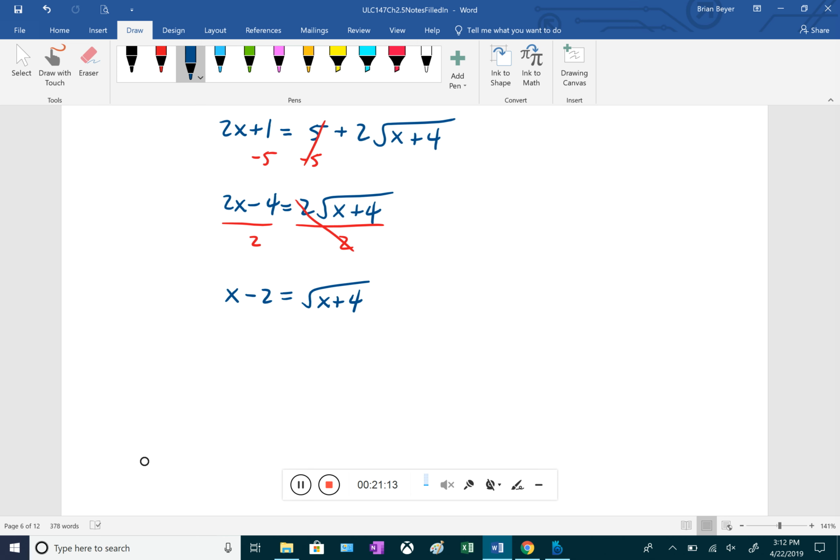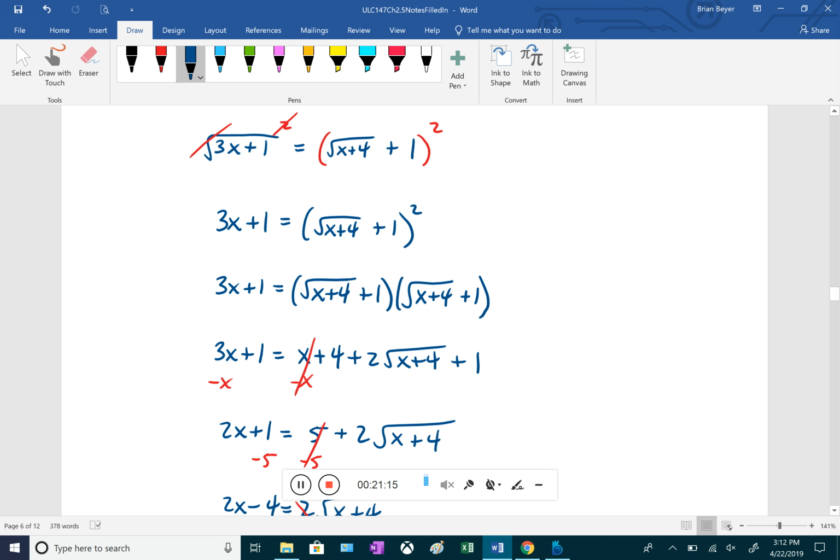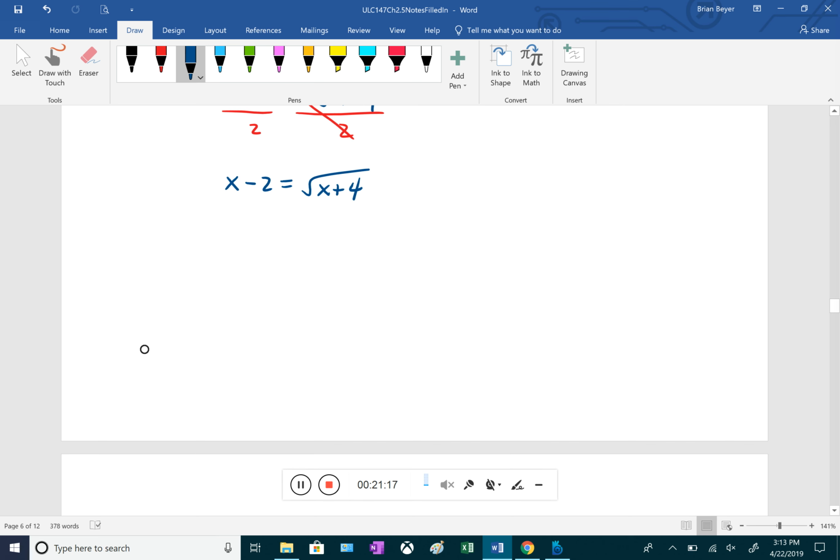So this looks a little bit cleaner now compared to what it looked like up here. And we have to square both sides now. So it's going to cancel with the square root over here. And we're going to get x minus 2 squared equals x plus 4.